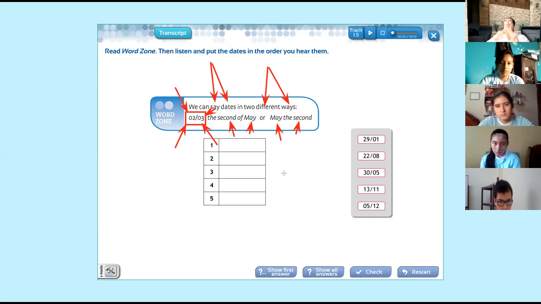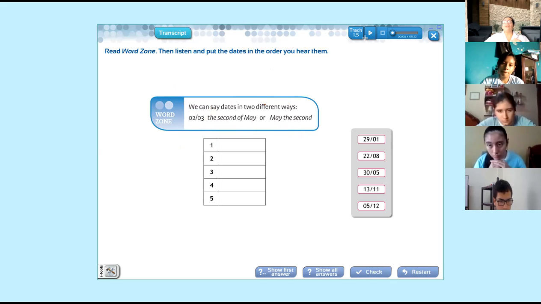Did you see? You have 2 different ways to do this. You register the number using the ordinal, the second, and a slash, and the next number indicates the month. Or vice versa: we use the month, and you use the ordinal to specify the date. Using that information, and the listening section with the audios in the worksheet, okay?